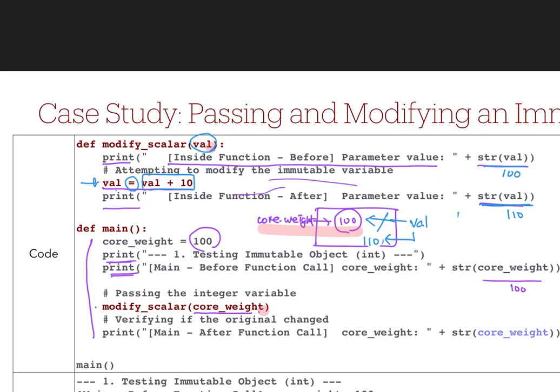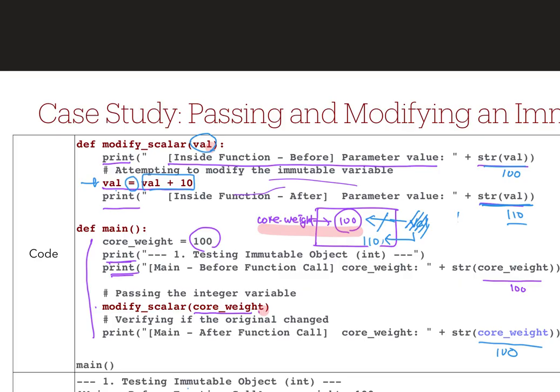Once you print this 110 on the screen, this VAL variable will be erased. But still, the core weight variable will remain. So when you try to print core weight, you still get 100. That's how it works.